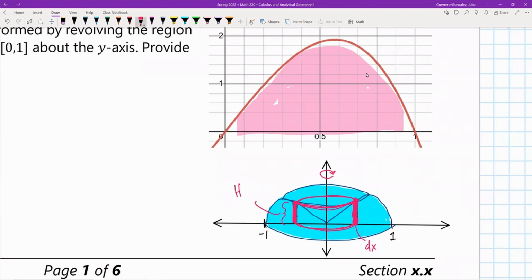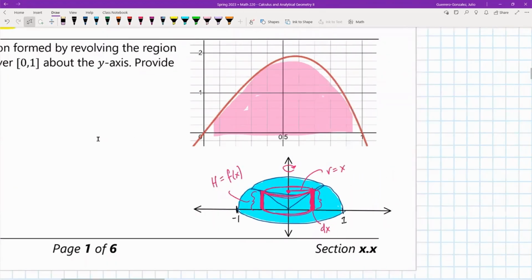And if you can tell from the other side, this is also going to be the same height. The height is dictated by our function f of x. And the last thing that's missing is basically our radius, the distance from here out. Our radius is going to be x.